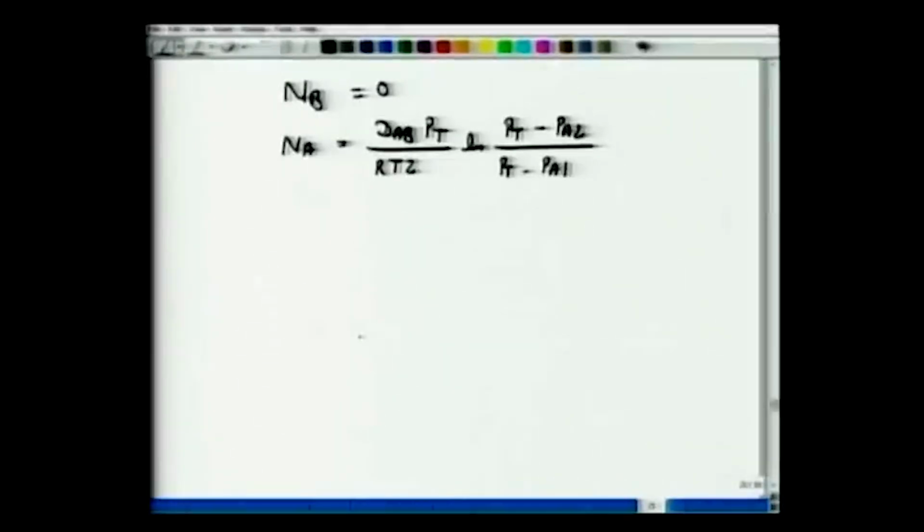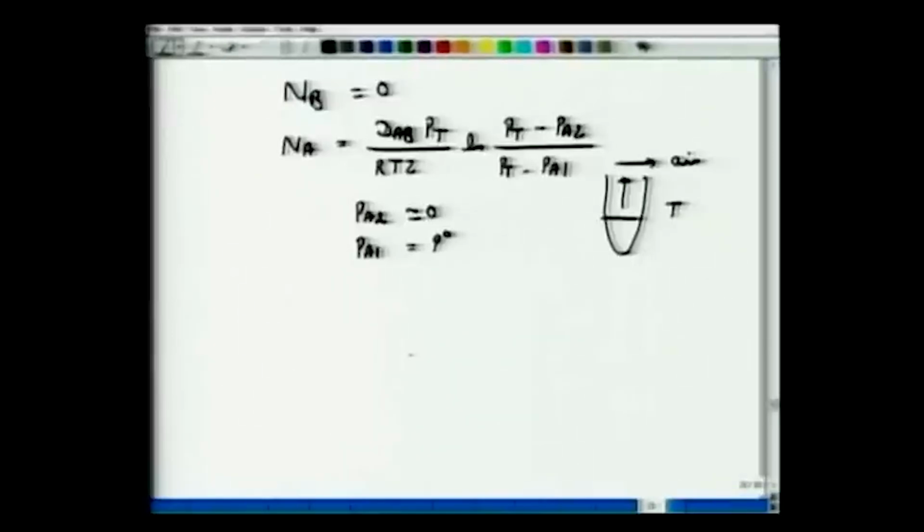Okay, PA1, as we said, PA2 we can assume to be 0, because as soon as the acetone gets into this stream, we can assume that it's swept by this air. Partial pressure of A1 we can write as the vapor pressure of acetone at this temperature. Okay, so this equation, except that we should be able to make a material balance.